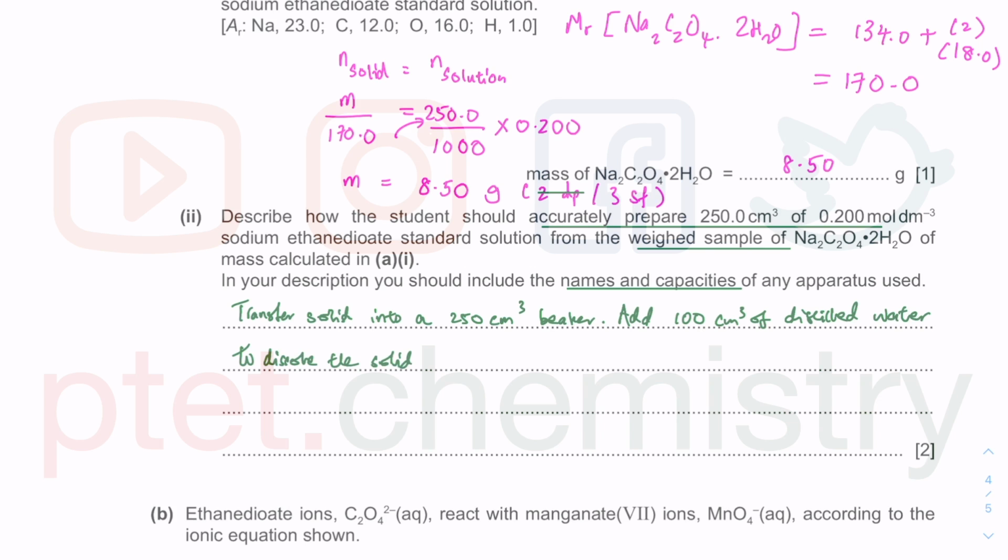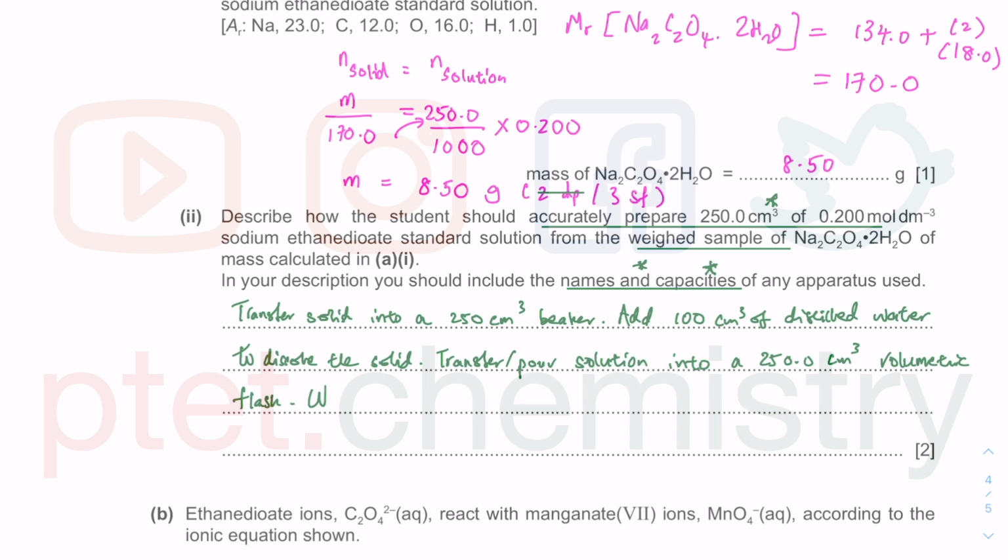After you dissolve the solid, you get a solution. So you transfer or pour the solution into the volumetric flask. But be careful, you need to mention the names, you need to mention the capacities. You want to prepare 250.0 cm³, so into a 250.0 cm³ volumetric flask.